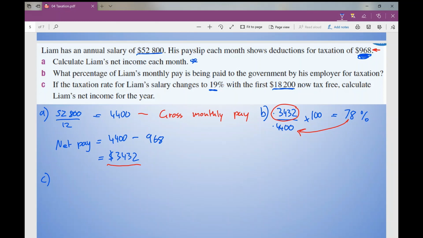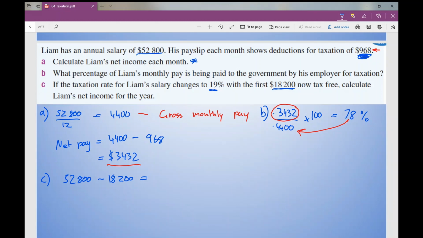The first thing we need to do to calculate his new net income is work out how much of his money is actually taxed. He earns $52,800 in a year, and he gets $18,200 of that tax-free. So our first step is to put this in our calculator.